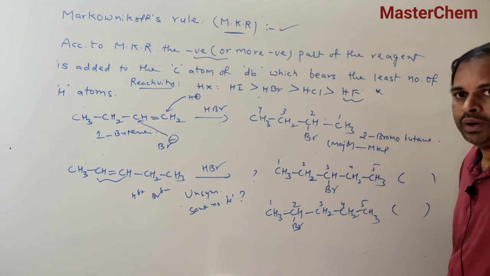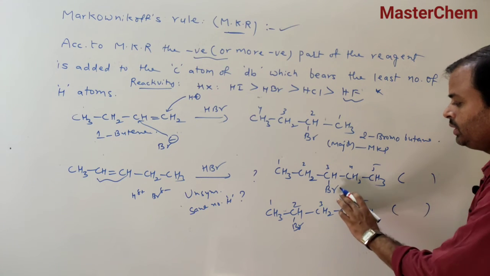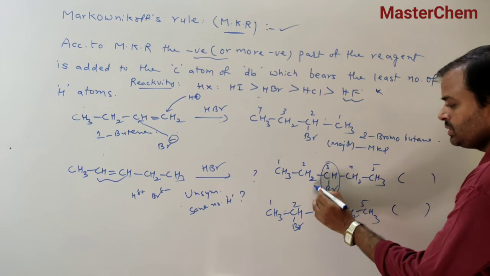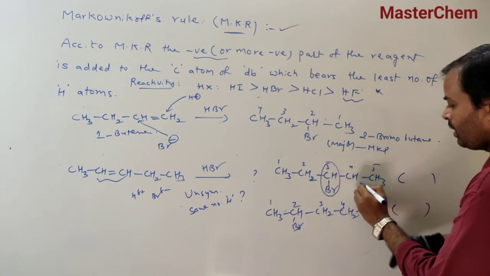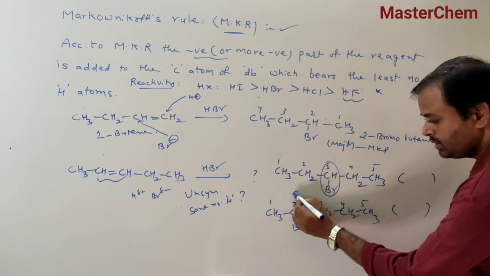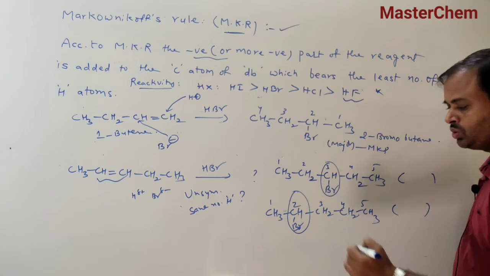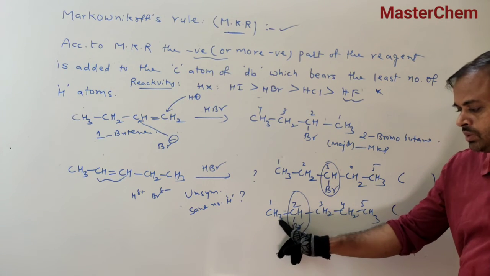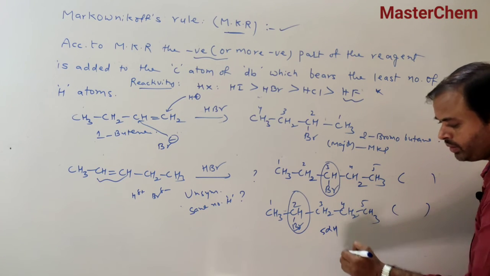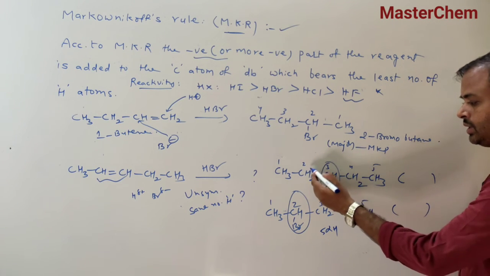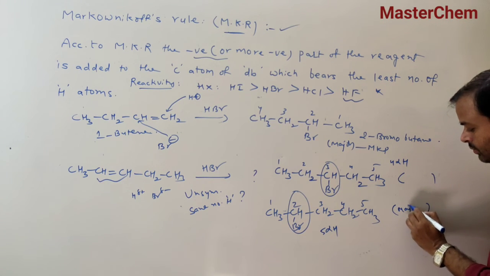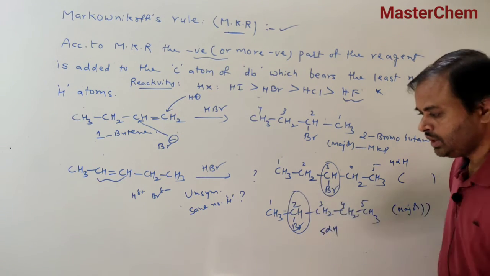We can't apply Markovnikov's rule, but here, in this system, there are 2 alpha carbon atoms and 4 alpha hydrogen atoms. In the other case, there are 2 alpha carbon atoms with 3 alpha hydrogens plus 2 alpha hydrogens, that is 5 alpha hydrogens. Before that, what is the intermediate?